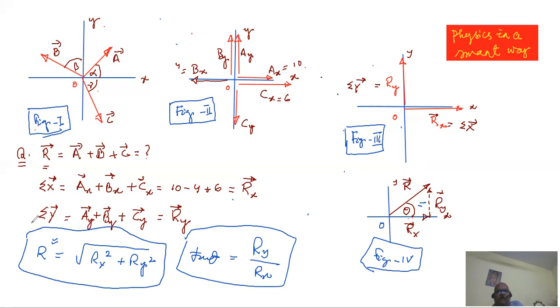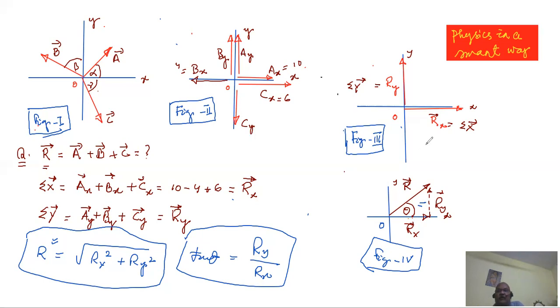So first of all, the methods seem to be going in mutually opposite directions. First of all, we are given some vectors. In the next step, we go in the opposite way. Opposite way means instead of combining them, we break each vector into its x and y component. So a lot of vectors will come out. In the third stage, we combine all the x components and y components.